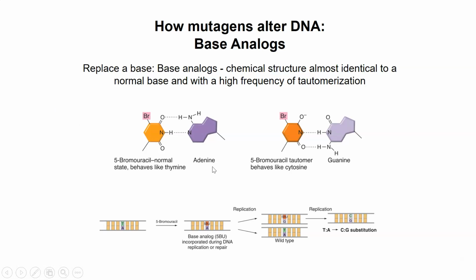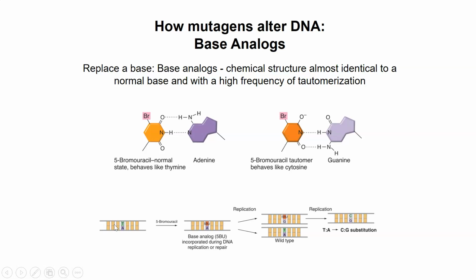And then during DNA replication, DNA polymerase will recognize a nucleotide with this base as a T. And DNA polymerase will insert this opposite an A. Okay? It has the similar base pairing to thymine. It will be incorporated opposite A.